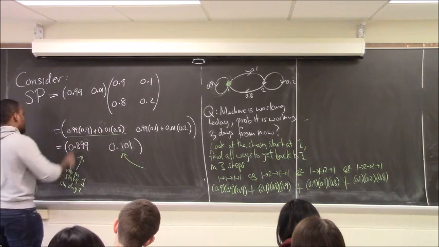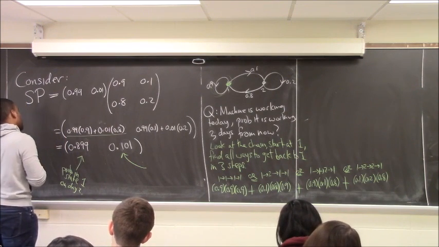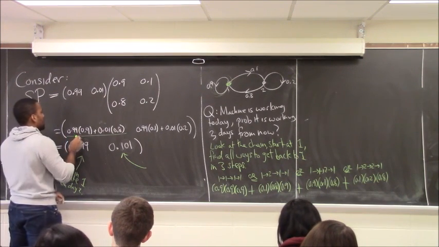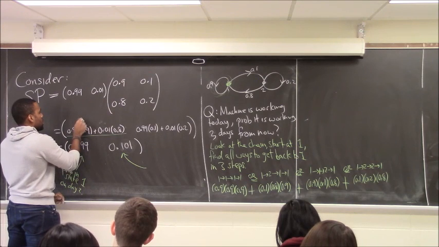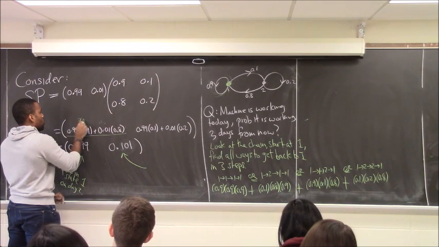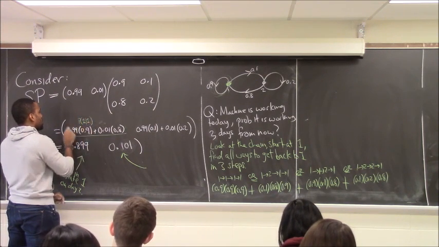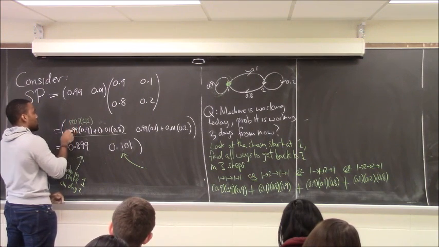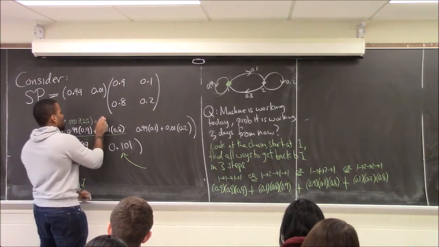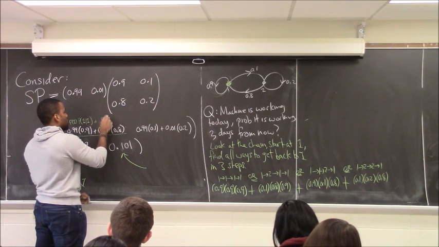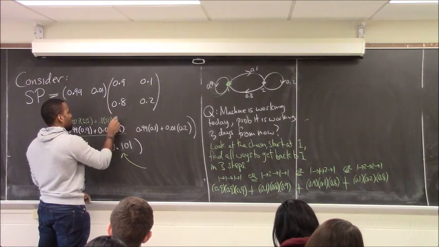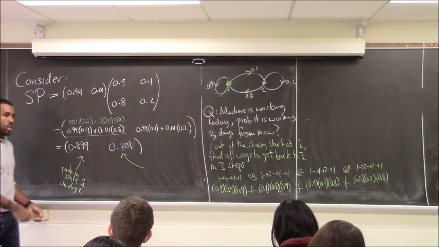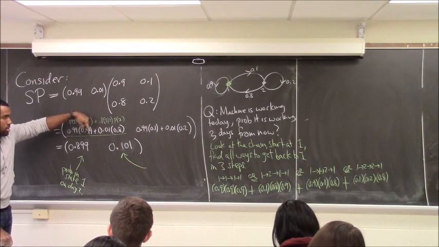If you write this out, you'll see that this is Bayes' formula: the probability that we're in state 1 given that we were in state 1 times the probability of being in state 1, plus the probability of being in state 1 if we came from state 2 times the probability of being in state 2.